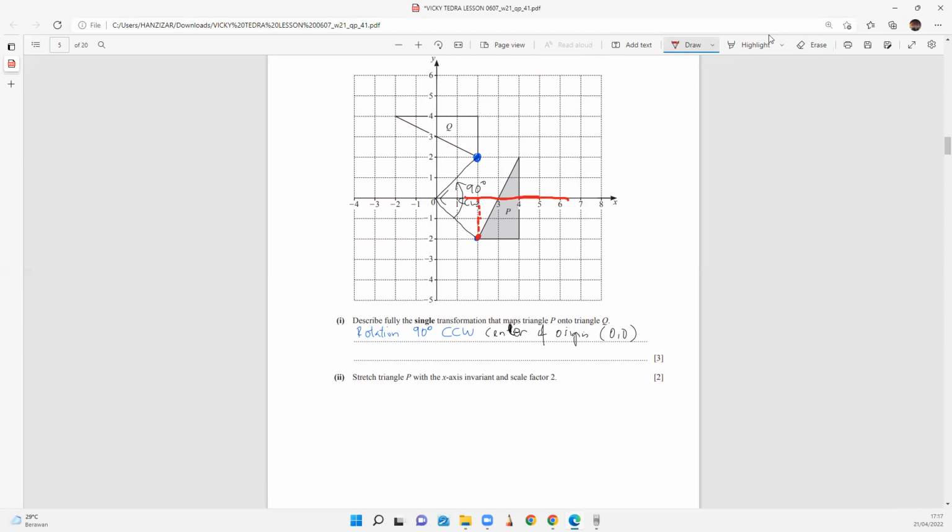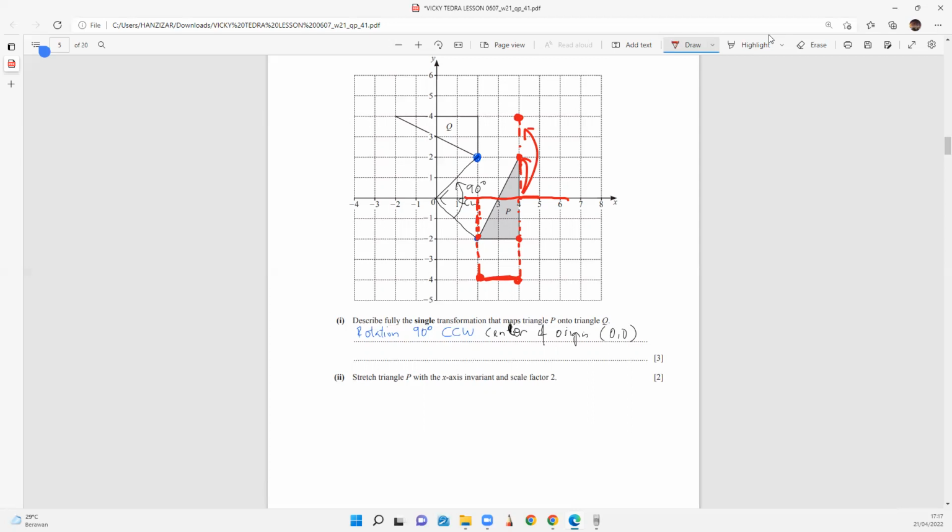So from 2 becomes 4, right? This also from 2 becomes 4. So this will be the position for the bottom part. And this from 2 becomes 4. So you stretch it like that. If you want the easy term, you just stretch the point through the x-axis.